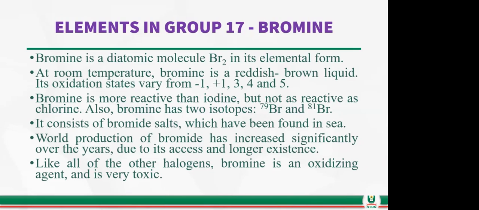It consists of bromide salts, which have been found in the sea. World production of bromine has increased significantly over the years. Why? This is because of its accessibility and longer existence, which make its production increase lately. Like all of the other halogens, bromine is also a good oxidizing agent, and it is very toxic.